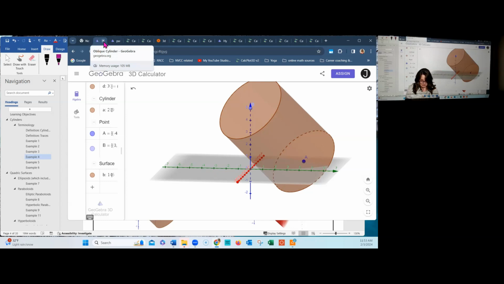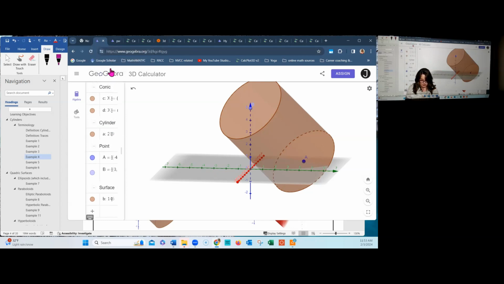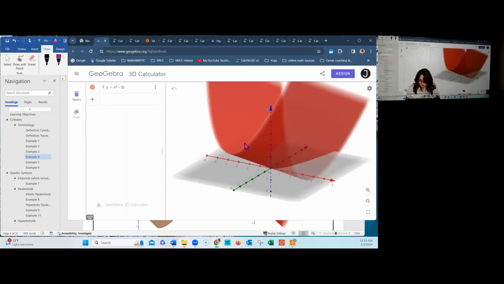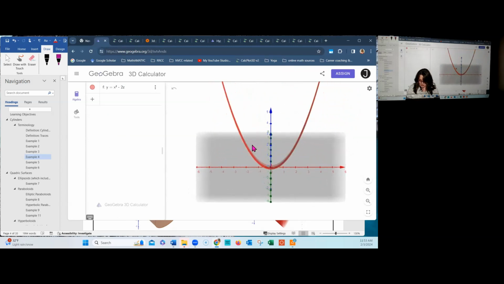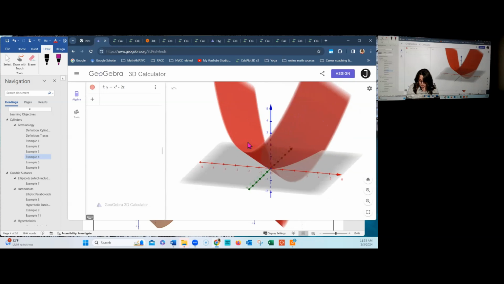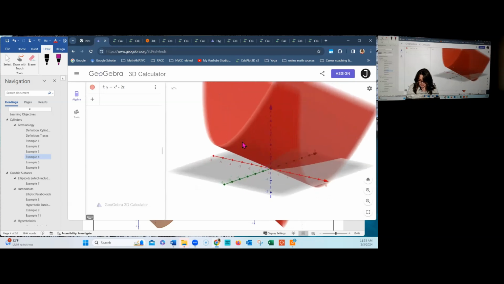And in this case, the equation is going to involve X, Y, and Z. And if I look at the second one, this one is a parabolic cylinder. And again, you can see the parabola coming in right there. But when you look at it from the side, you can tell that it's being drawn along a line that is not parallel to any of the coordinate axes.